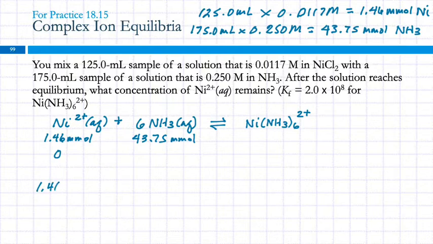I'm going to use 1.46 times 6, so 8.76. So 34.99 millimoles of that are going to get left. How many millimoles of the complex ion did I make? 1.46.